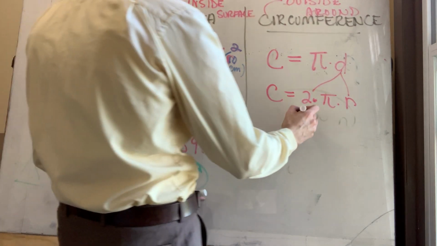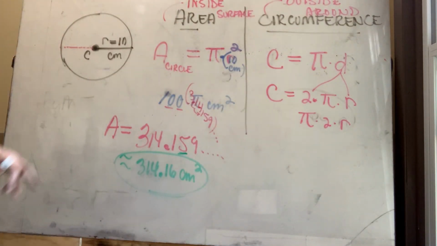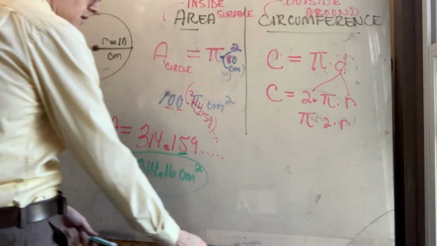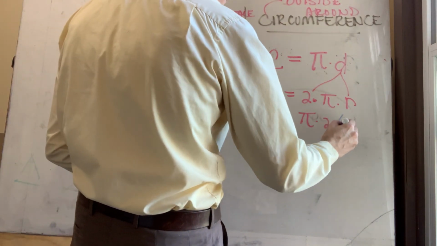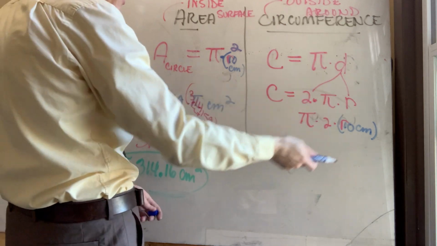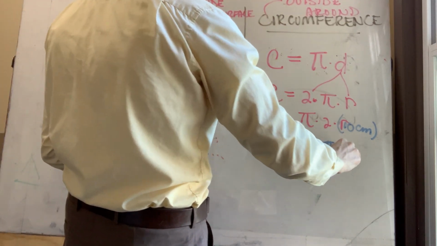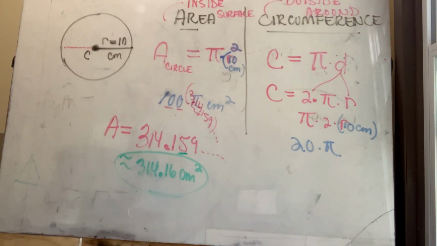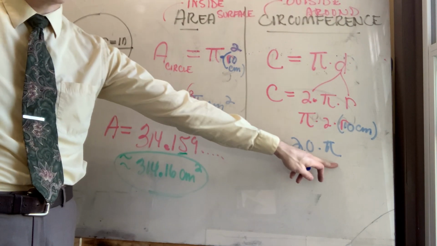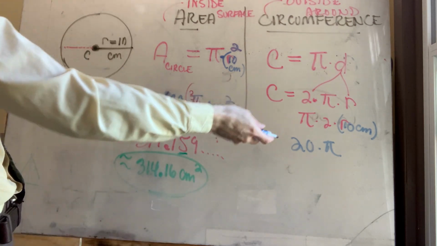If it makes more sense, then just rearrange the parts like this. 10 would go in here again. And then it is 2 times 10 rather than 10 squared, which means that it's 20 times pi, right? In calculus, that would be the preferred way to write it, believe it or not. Right? Just 20 and then the pi symbol.